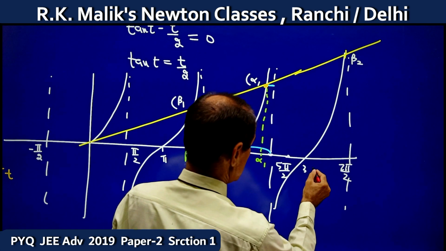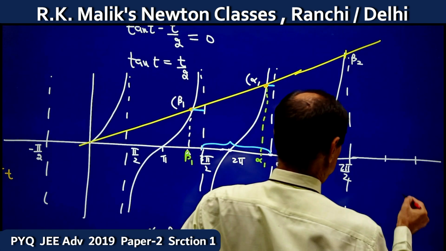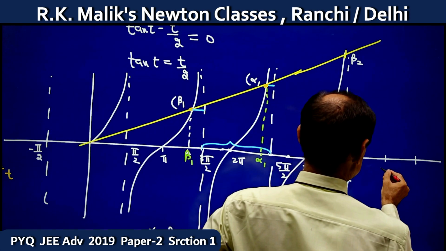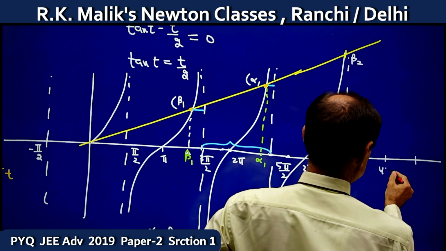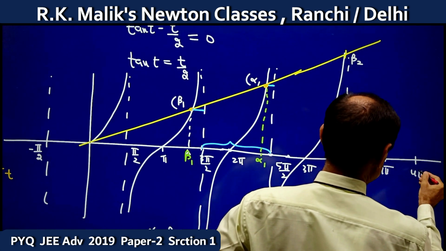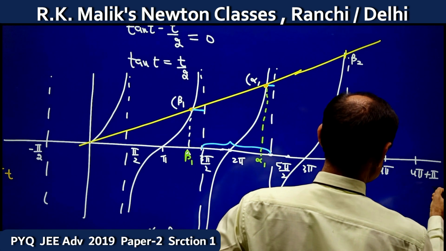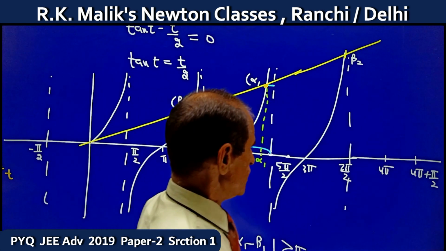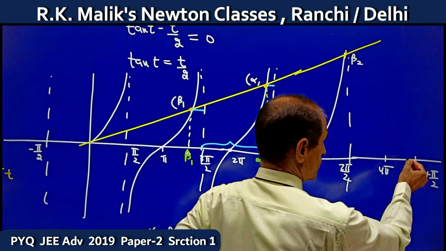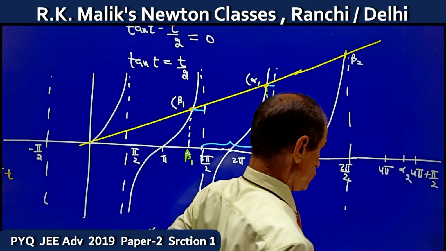It is 3 pi. Obviously, the next point of local maxima will be between 4 pi and 4 pi plus pi by 2, and this point will have x coordinate alpha 2.